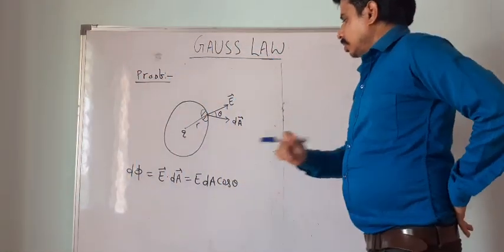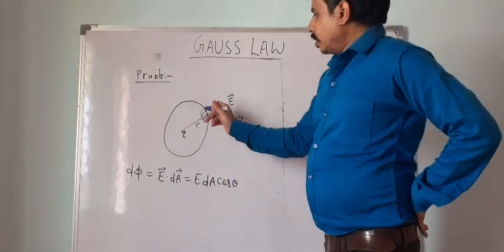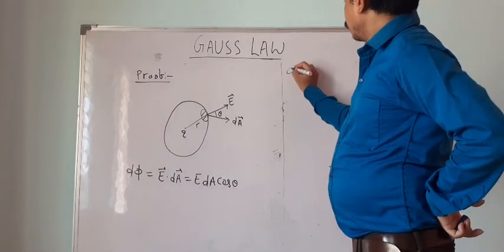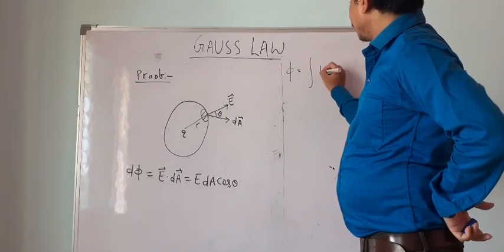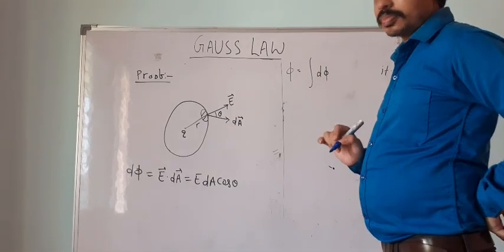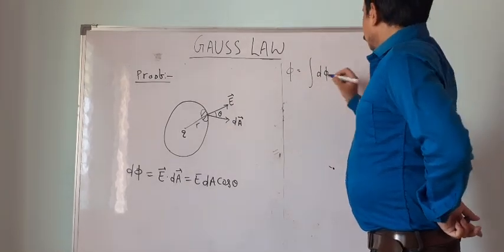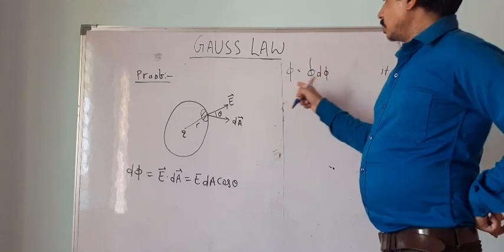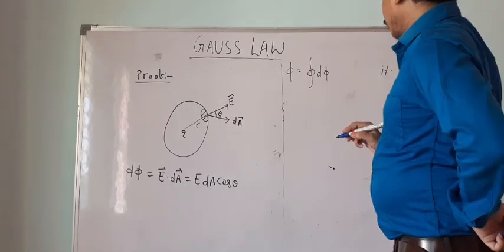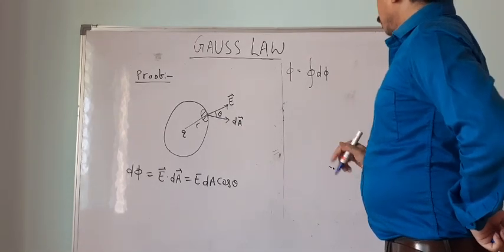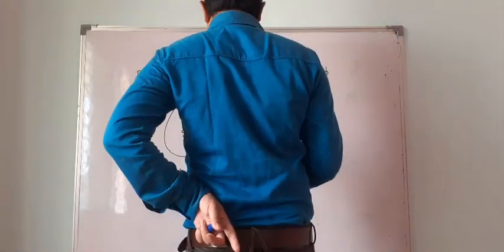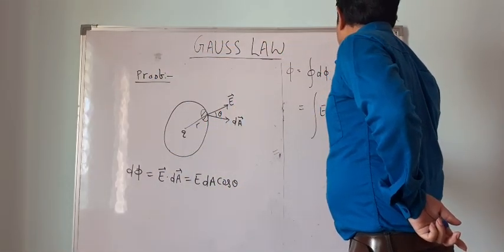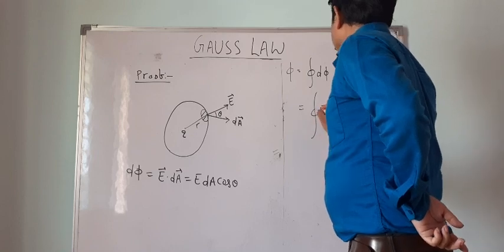So now we will integrate it over the entire surface to get the total flux. So total flux phi must be the integral of d phi. So over a closed surface, this symbol indicates that the integral is performed over a closed surface. So do it. E into dA into cos theta.